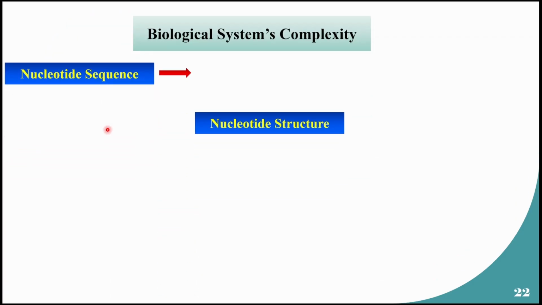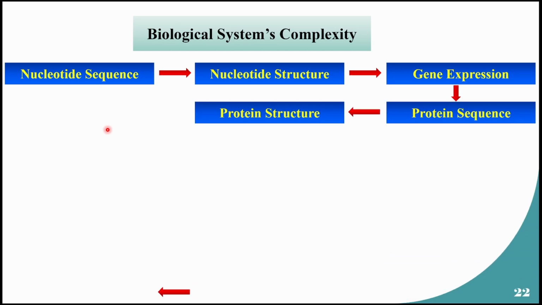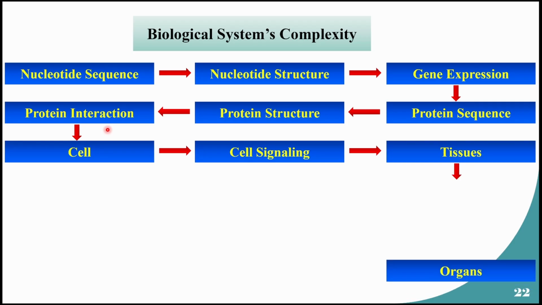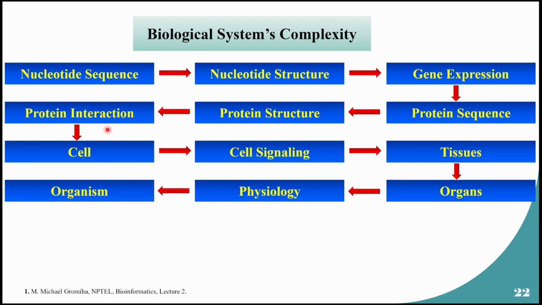So we said that in the different complexities of a physiological environment, starting from your simple sequences to different structures to cells, cell signaling, tissues, physiology, organism, in all of the cases there is applicability of bioinformatics.